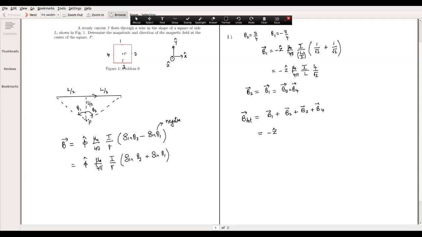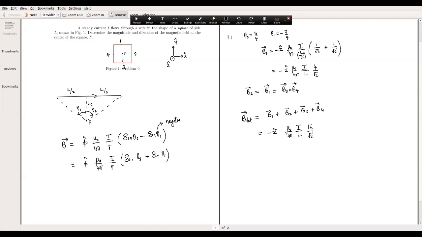And since it's 4 times the identical expression of B1, this will be mu naught over 4 pi times I over L, L being the side of the square, and 4 times 4 over root 2, so it's 16 over root 2, which is 8 times root 2. If we have the numerical values, one can evaluate this magnetic field, and we say that it is going into the page at point P.